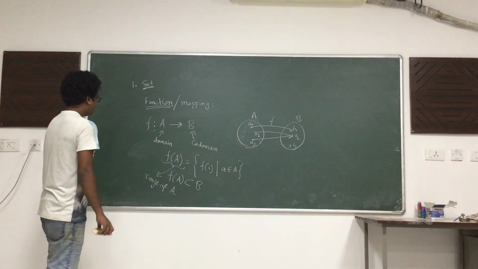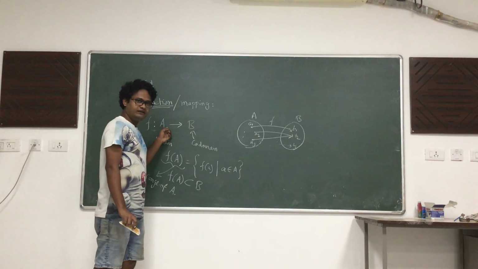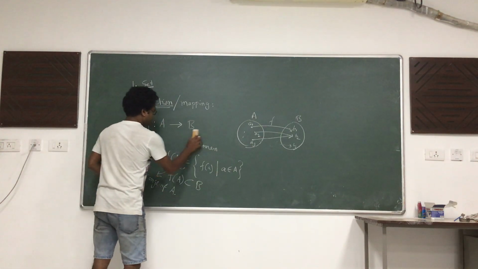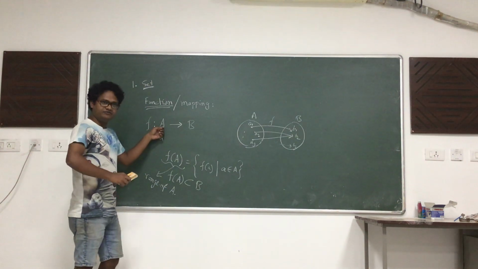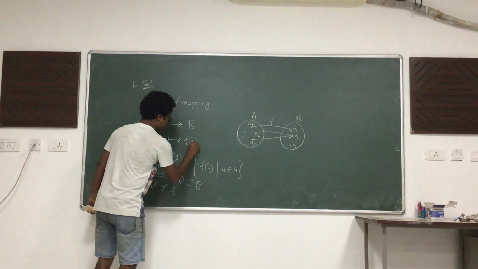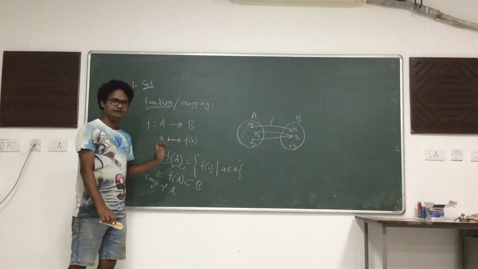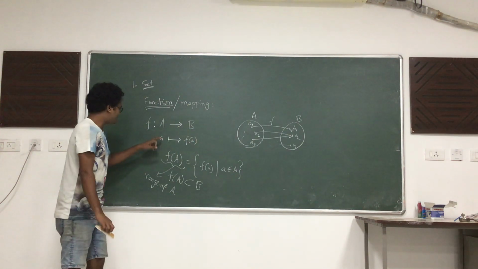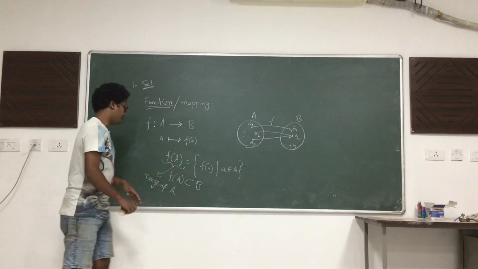So if f is a mapping from A into B, sometimes, if small a is an element of capital A, we write this way: we say a points to f of a in B. So this is set to set, and this is element of a set to element of the other set, the codomain set.